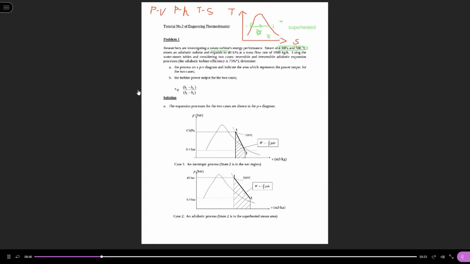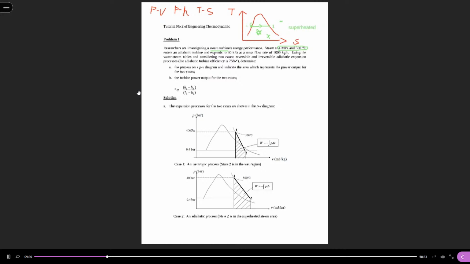Yesterday, in the last lecture, I asked you to learn how to use the tables and the diagrams. Even in our example, I asked you to check.